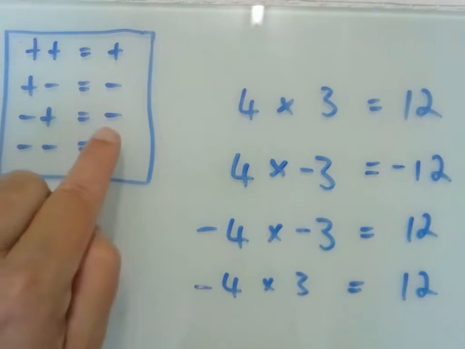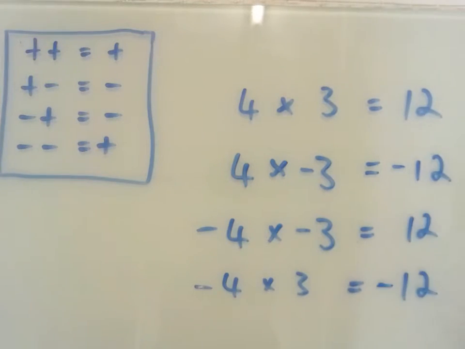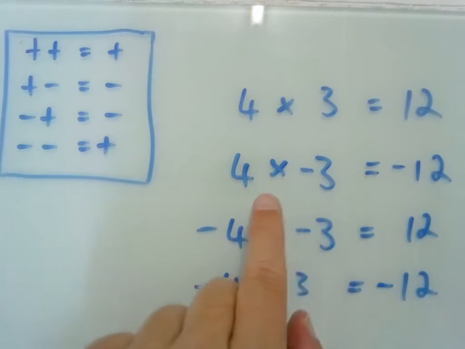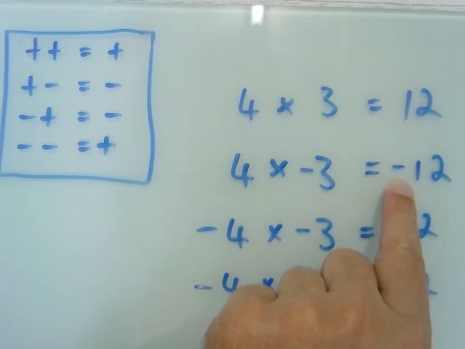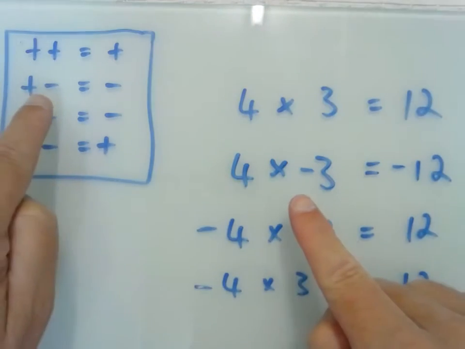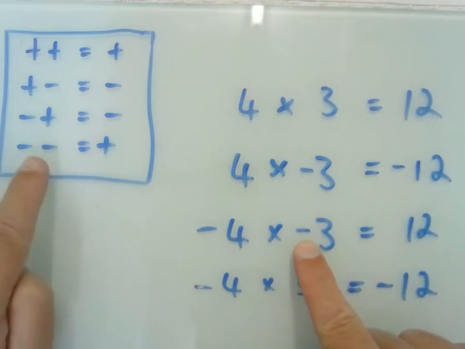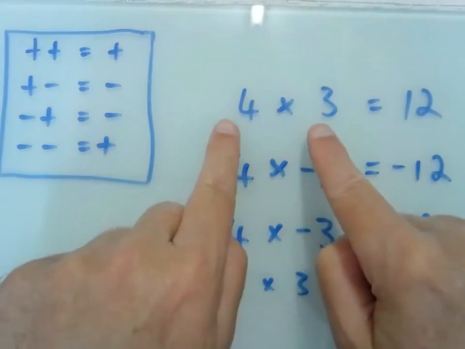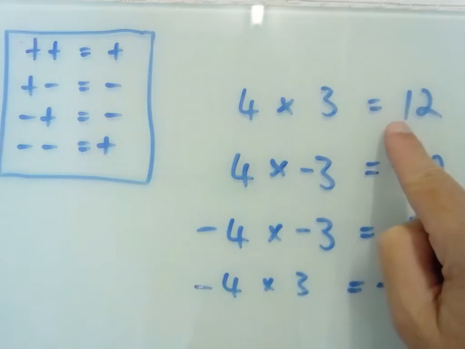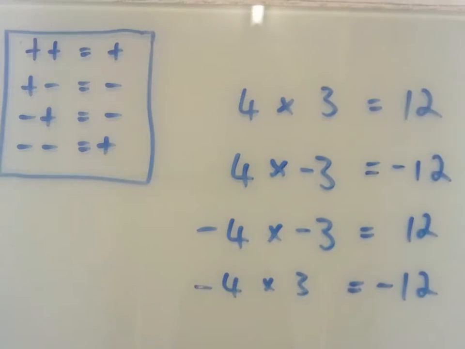A negative and a positive make a negative. As soon as there's one negative over here, the answer is negative. So a positive and a negative makes a negative. 2 negatives make a positive. 2 positives make a positive. That's multiplication. Nice and easy.